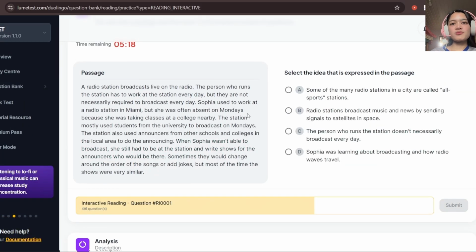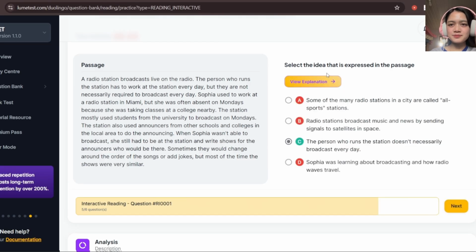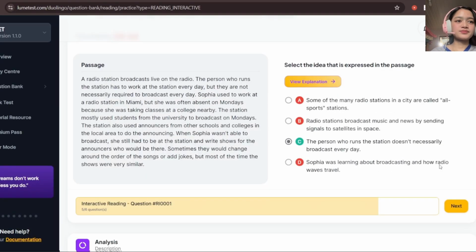A radio station broadcast. Okay, let's select the idea that is expressed in the passage. Letter C. Letter C is the correct answer because the passage states that the person who runs the station has to work at a station every day, but they are not necessarily required to broadcast every day, directly expressing this idea.